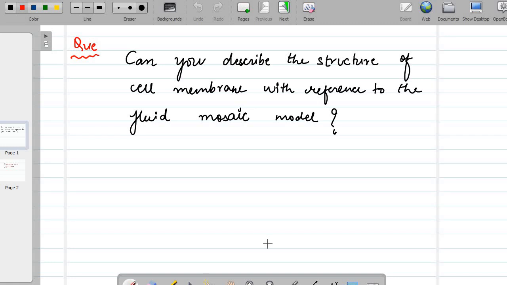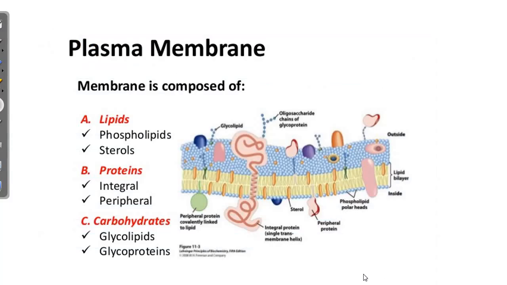What are the functions of the phospholipids, what are the functions of the proteins, integral and peripheral, and what are the functions of the carbohydrates, glycolipids and glycoproteins. Steroids, that is cholesterol, we will discuss in detail because they are involved in fluidity. So our next video is all about the fluidity of the cell membrane. In that we will discuss the structure of cholesterol.